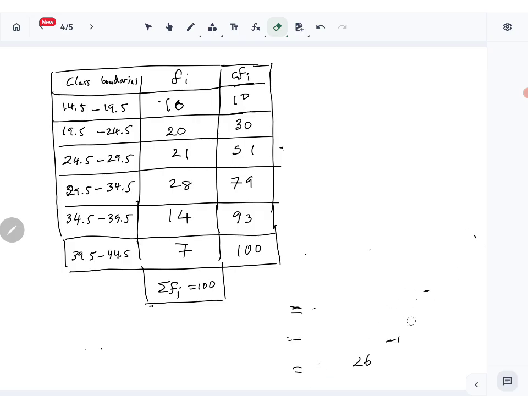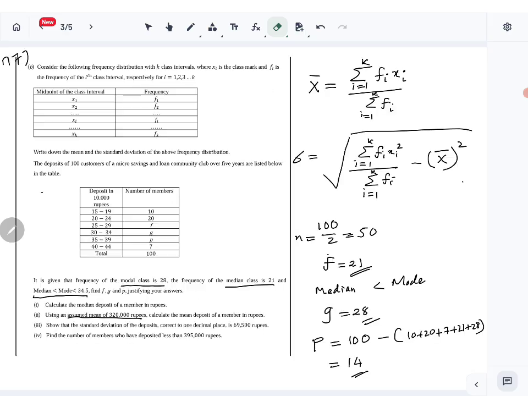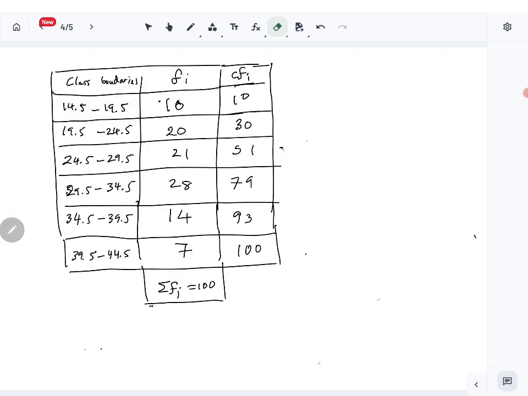320,000. So first let's write down the midpoints.